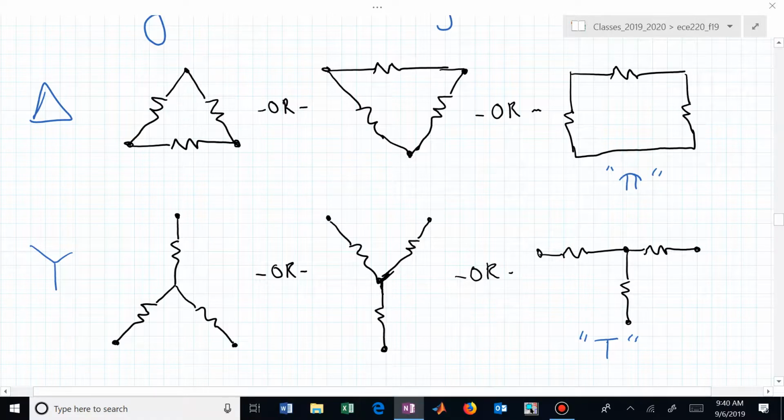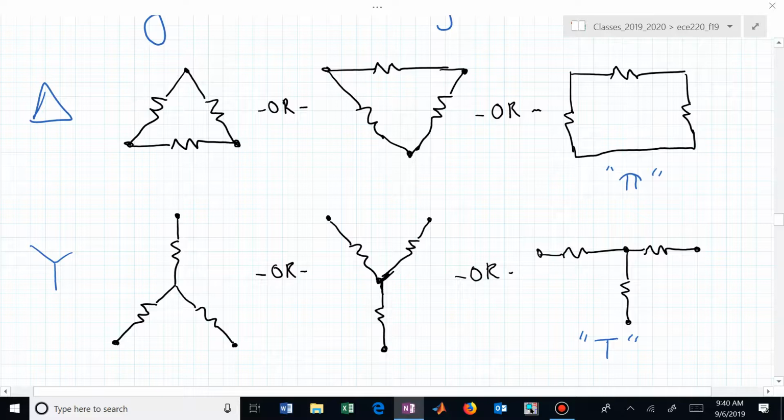Here is a Y or a T configuration. Now the Y could be upside down, it could be right side up, or it could be flattened out, where the arms of the Y come down and become horizontal to become a T. What we're really wanting to do is, if we have one or the other in our circuit, it may help us.